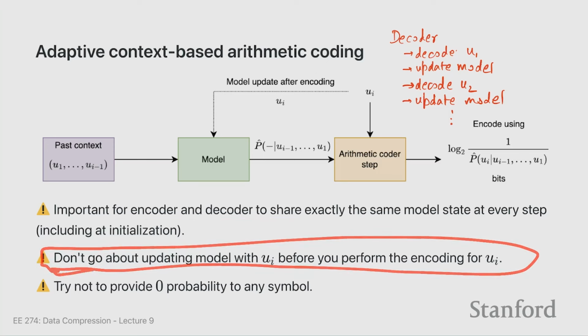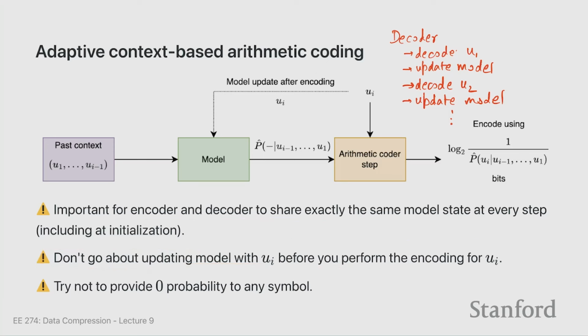During compression, you have the entire input, but you shouldn't get too eager. Don't straight away update the model with U1 before you encode U1. Always think of the decoder. At each step, think about what the decoder knows at this point. So let's say the encoder first updates the model with U1 and then it encodes U1.